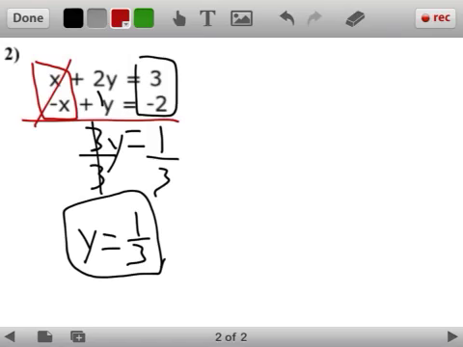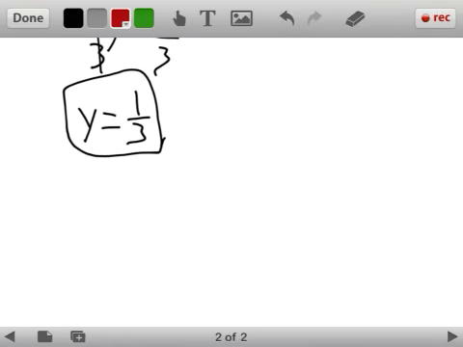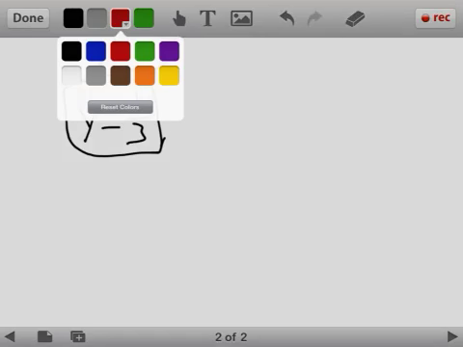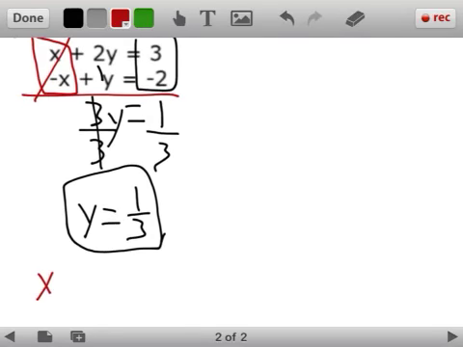And I'm going to pick any one of these equations, it doesn't matter which one, I'm going to just pick the first one because I think that'll be easiest. So I've got x plus 2y equals 3.